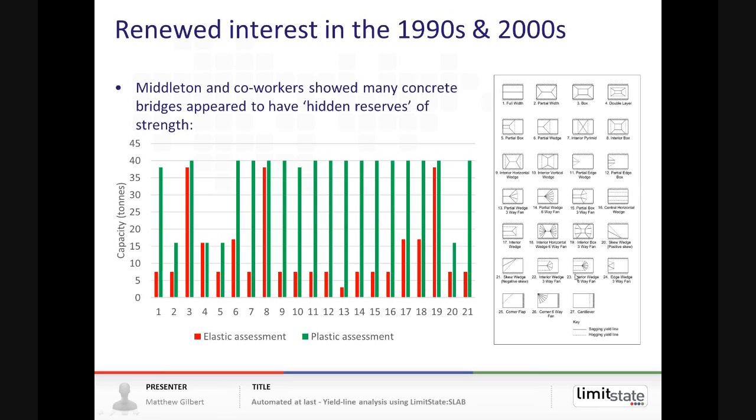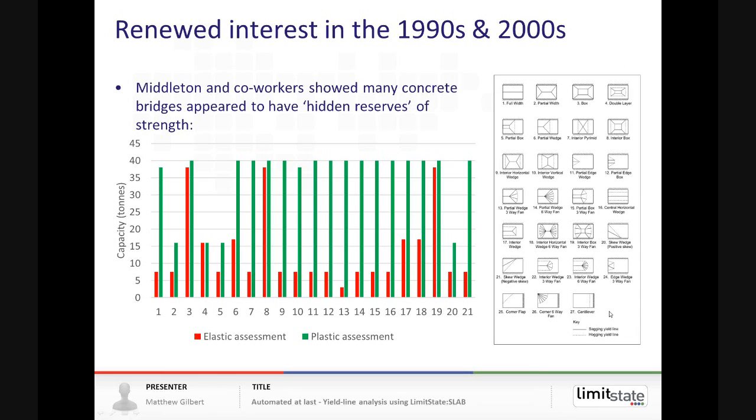How were the calculations done? Well, actually, a large number of postulated failure mechanisms were programmed into software. Here we've got a list of 27 mechanisms, and each one of those mechanisms would be checked for each bridge that was analysed. So, a large number of mechanisms.